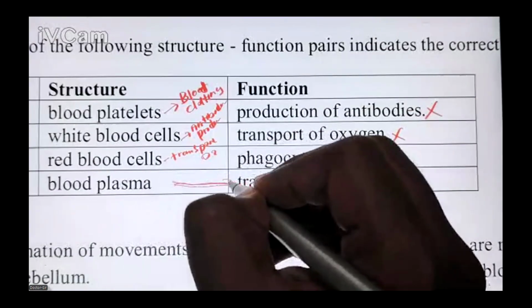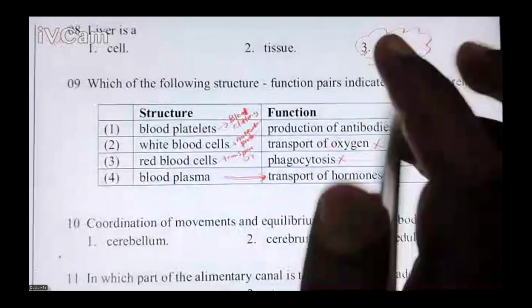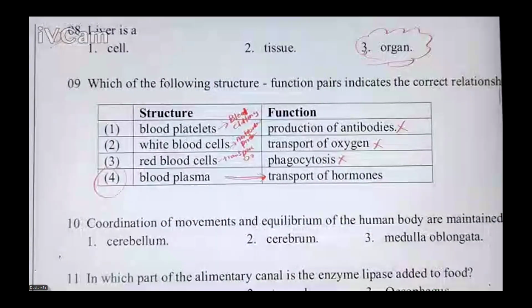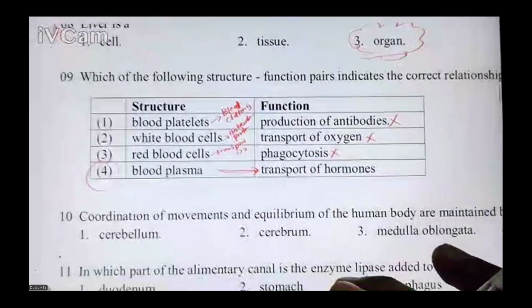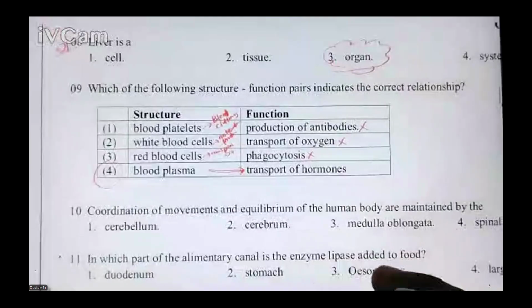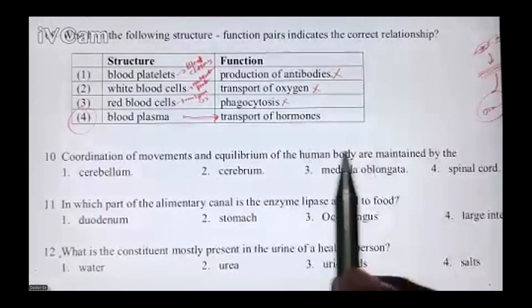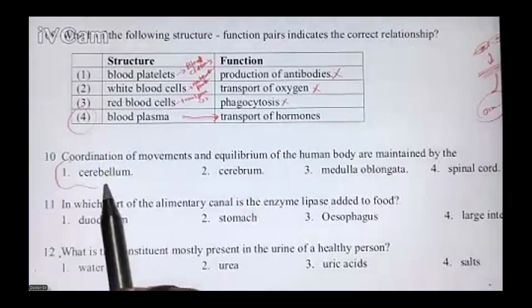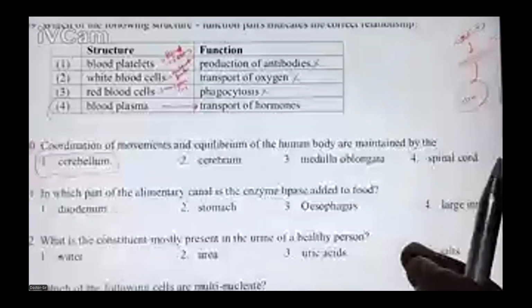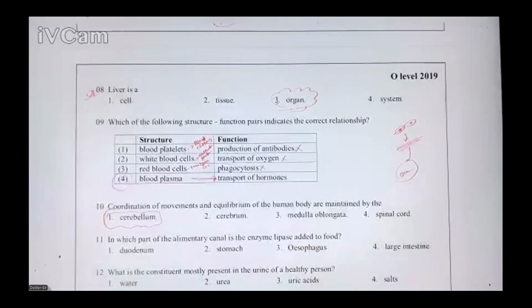All those things are transported through the blood plasma. So answer 4. Then coordination of movement and equilibrium: I already told you, coordination, equilibrium, balance, all those things are done by the cerebellum. So these questions are all from 2019.